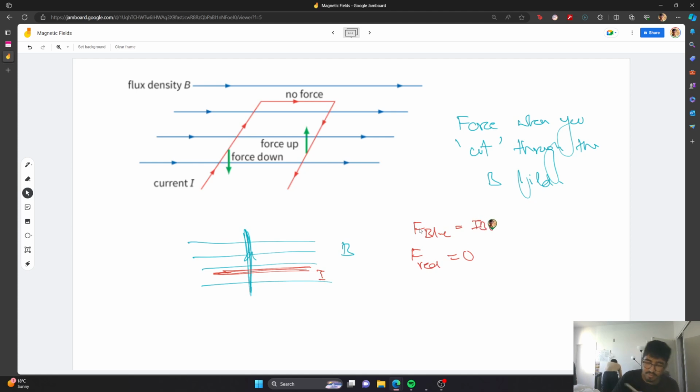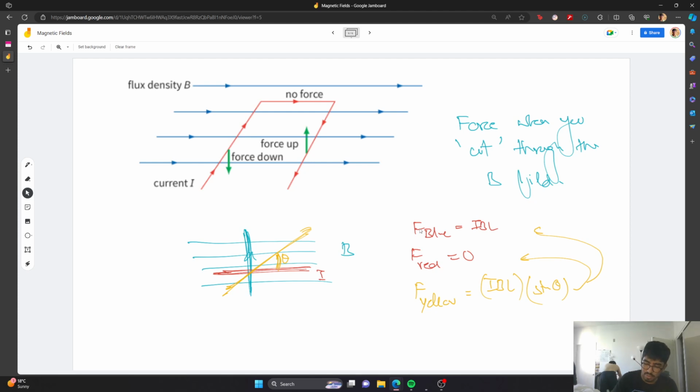So naturally a question arises: if it is at an inclination or angle theta to the B field, then what is the force on the yellow wire? It is IBL into this sine theta factor that we put. So if theta is 0, then this force becomes this scenario, and if theta is 90, then sine theta is just 1, and that is this guy.